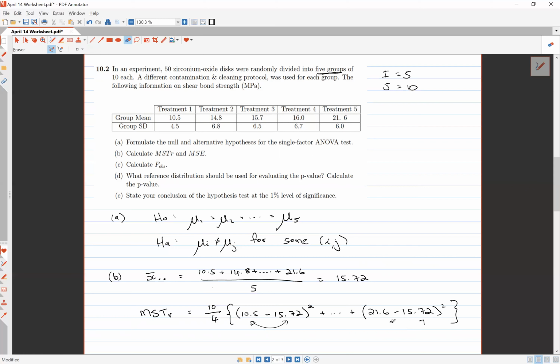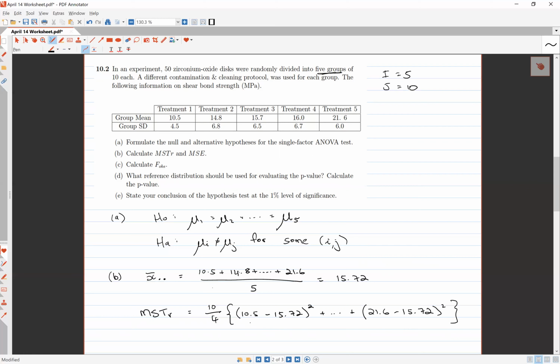Now, ultimately, F observed and the p-value determine what is considered small or what is considered large, but that's the intuition here. If the differences are small, then the groups are the same on average.